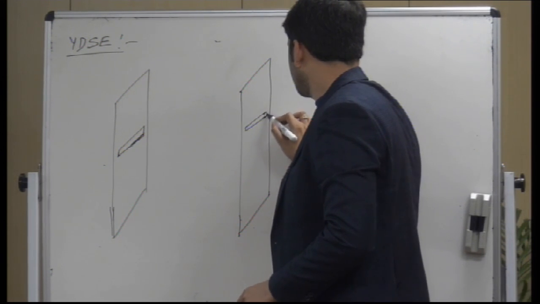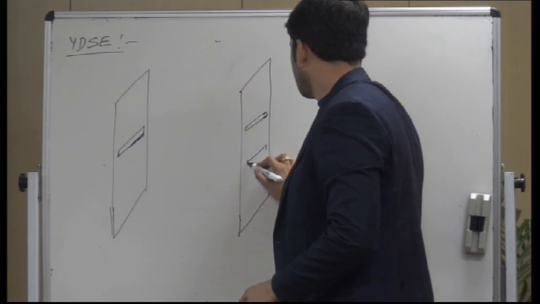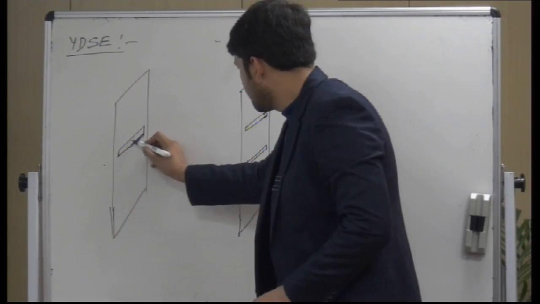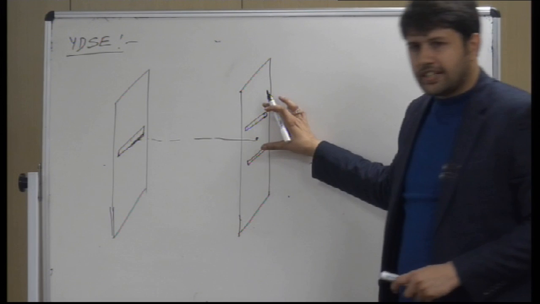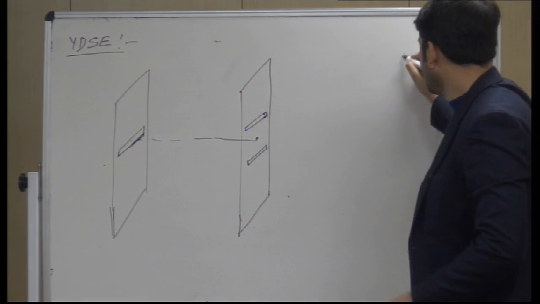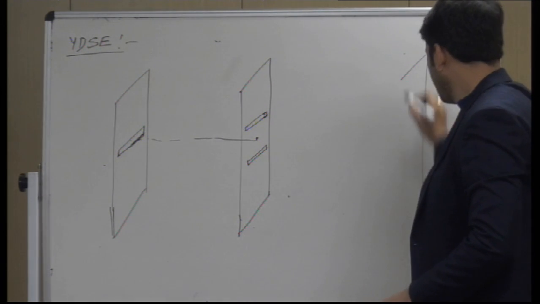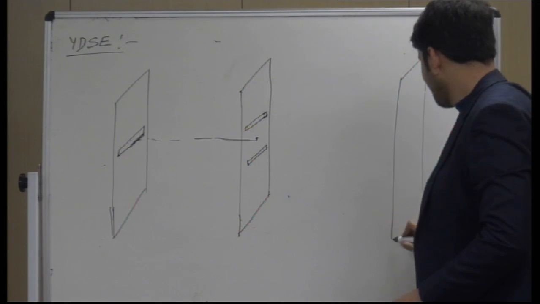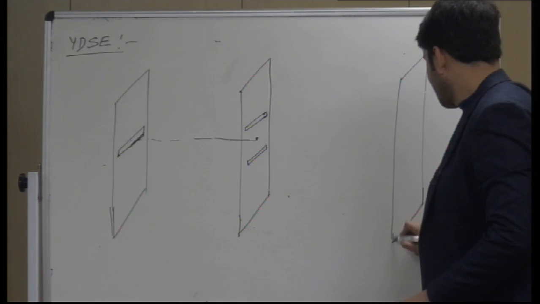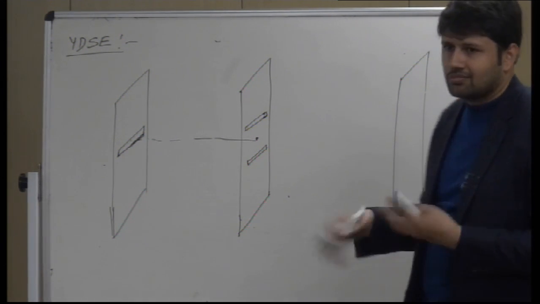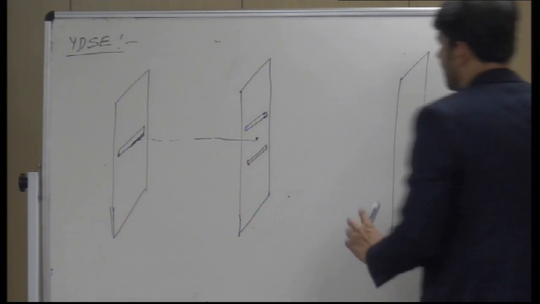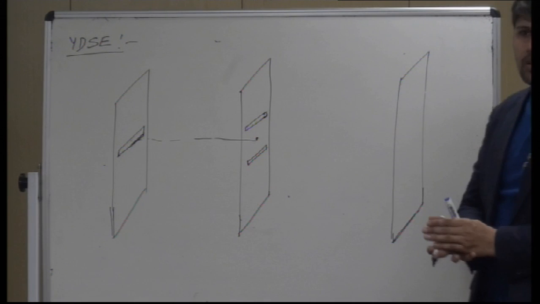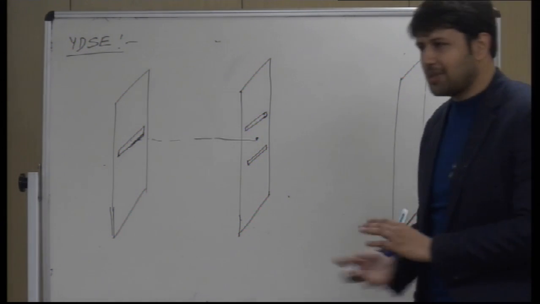Then he placed the two slits symmetrically, and here was the screen. You need not draw the diagram, it's your wish. It would take time. If you want to draw, only then draw, and this would still be available on video, so you can anytime refer to the diagram.